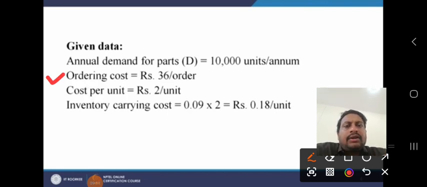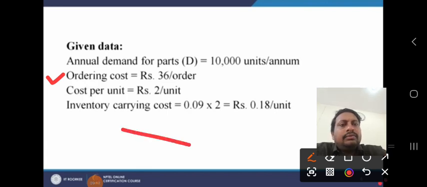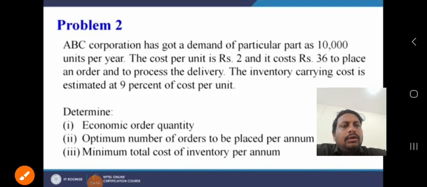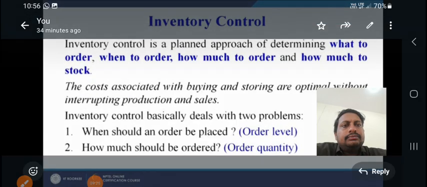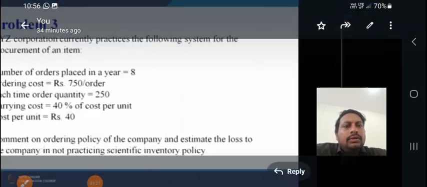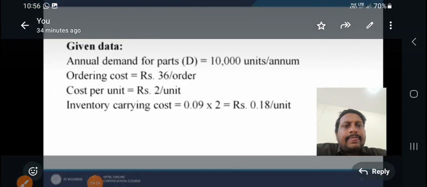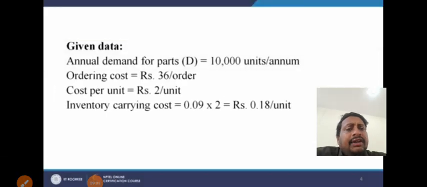The cost per unit is 2 rupees and the inventory carrying cost is 9% of cost per unit. So that is 0.09 into 2 rupees, that is 0.18 per unit, the inventory carrying cost.